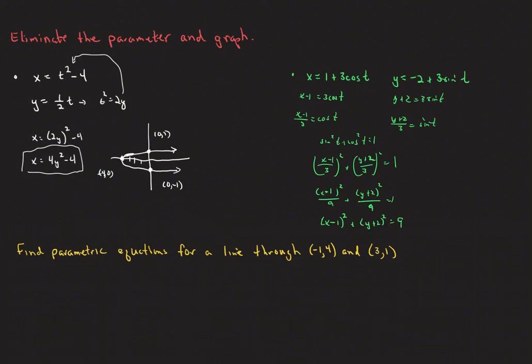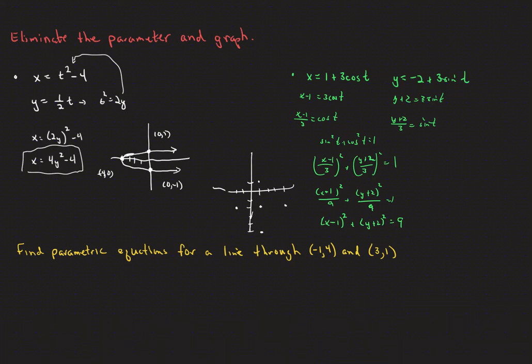That's going to be a circle with center at 1, negative 2, and radius of 3. So we can go 1, 2, 3 in each direction.